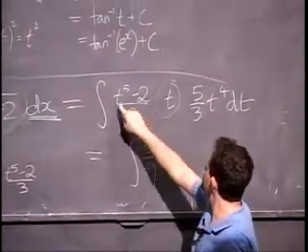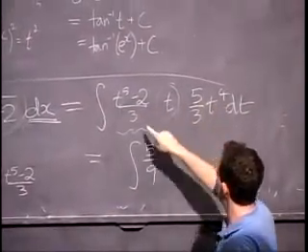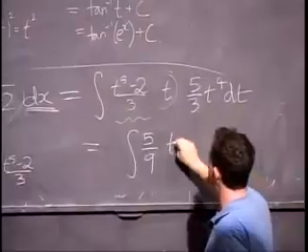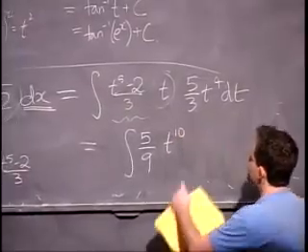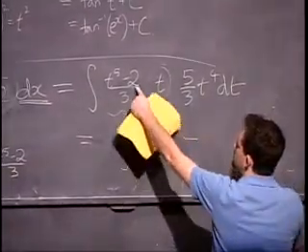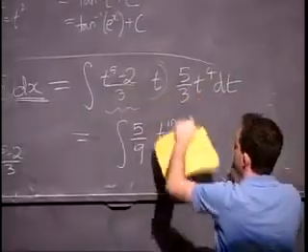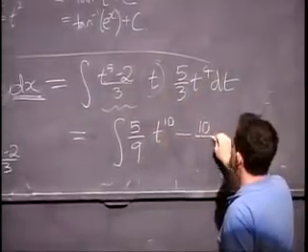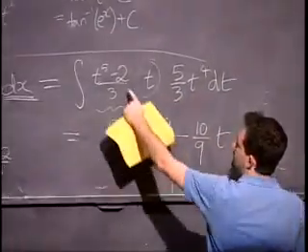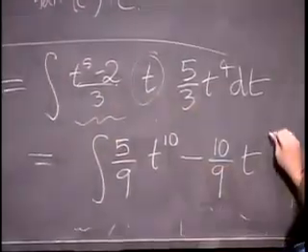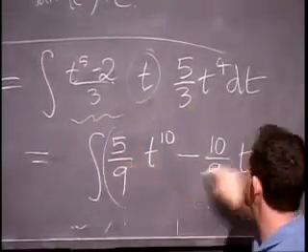The first one will have t to the 5th, t, and t to the 4th, so you get t to the 10. And the other term is 2 times 5, 3 times 3, so you're going to get 10/9. But now the power is only t times t to the 4th, which is t to the 5th.